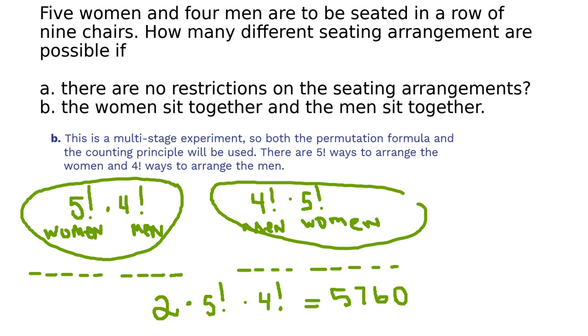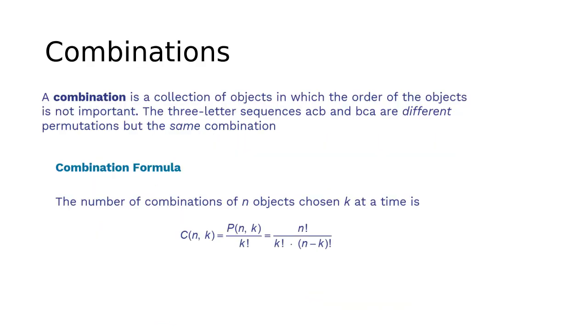Okay, let's go to the next one. So those were all permutations, and for permutation, again, the order was important. Okay, so now we're going to look at combination. A combination is a collection of objects in which the order of objects is not important.